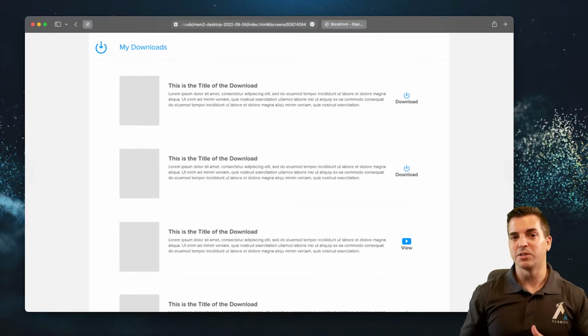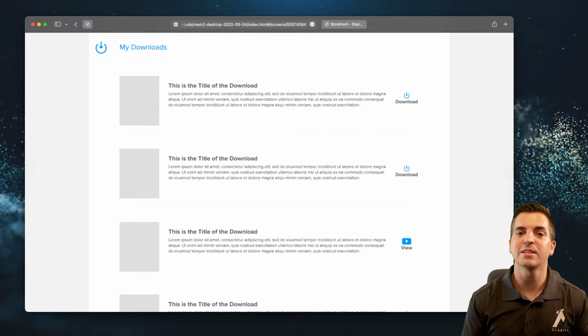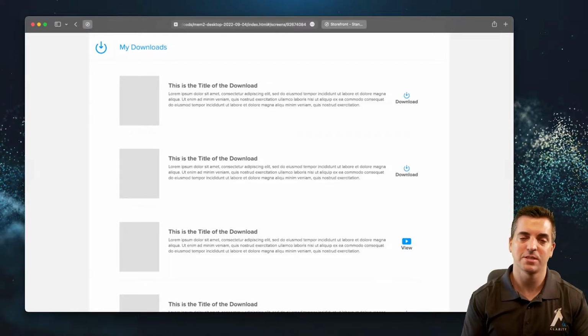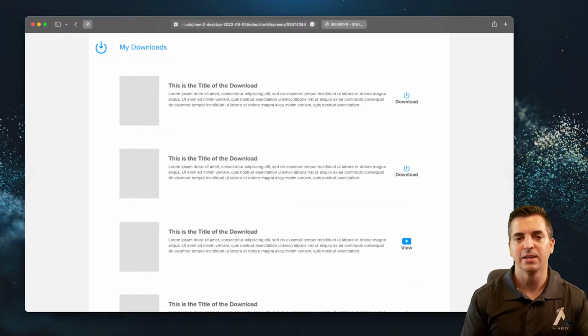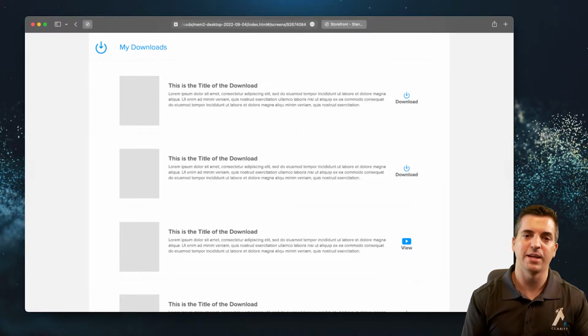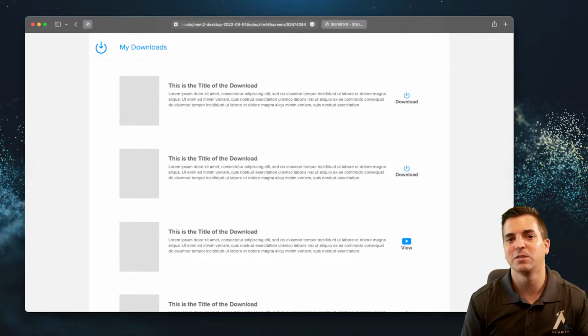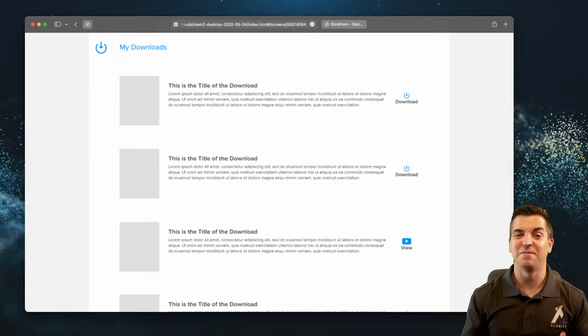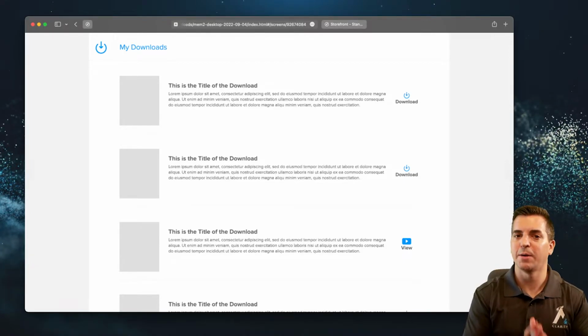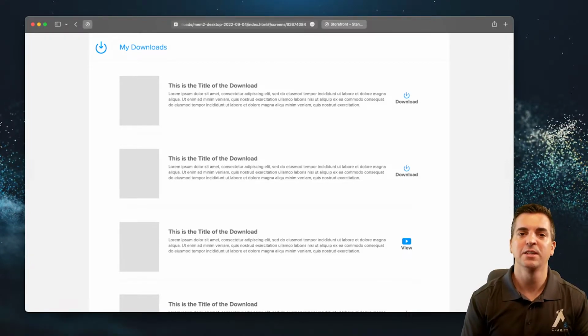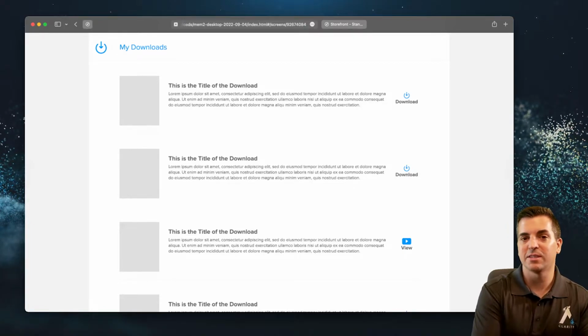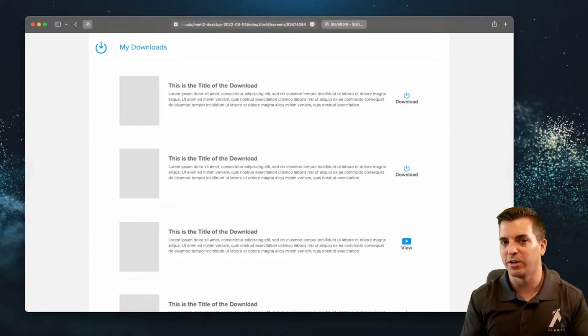Now, one of the really interesting things about downloads is this can include a lot of different mediums. It can be as simple as PDFs, but it may be as inclusive as a large data set that you want to give someone access to, a lot of videos. It could be a robust library that's really extensive. And it may be in a previous system that you have that you need to migrate over.